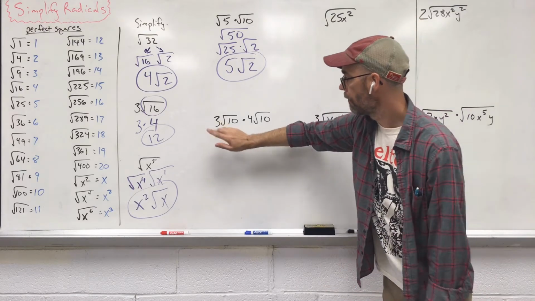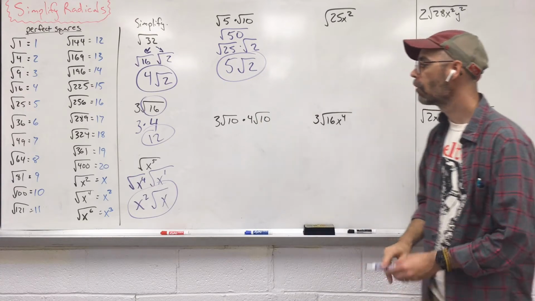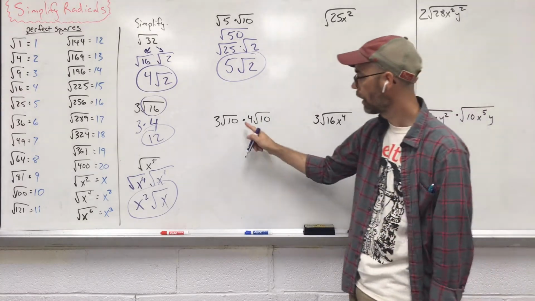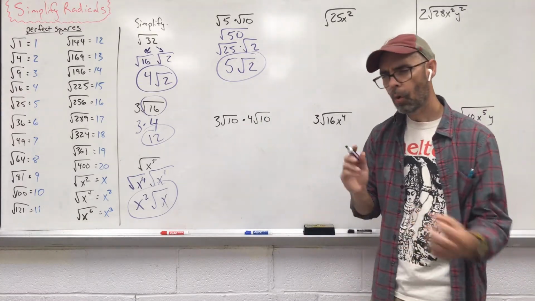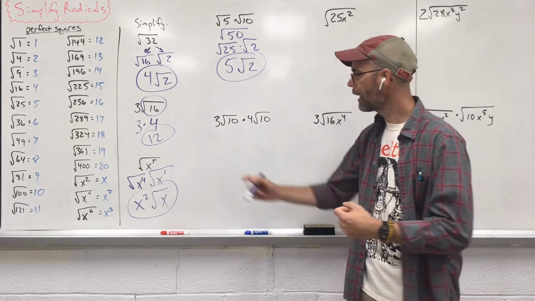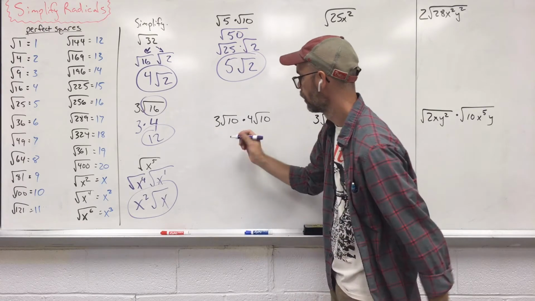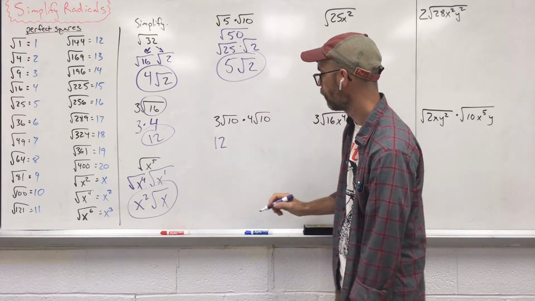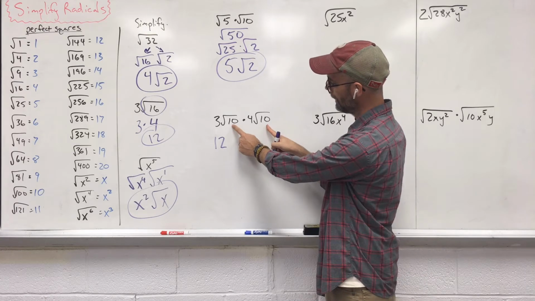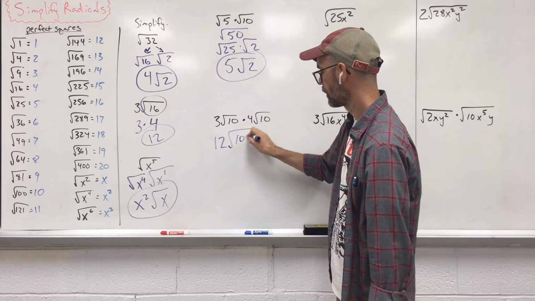We now have a whole number and a radical times a whole number and a radical. I want to put these two things together with multiplication. What we're going to multiply right here is like pieces. So I have my outside numbers. I want to multiply them first. 3 and 4 gives me 12. I then want to multiply my inside numbers together. 10 times 10 gives you 100.